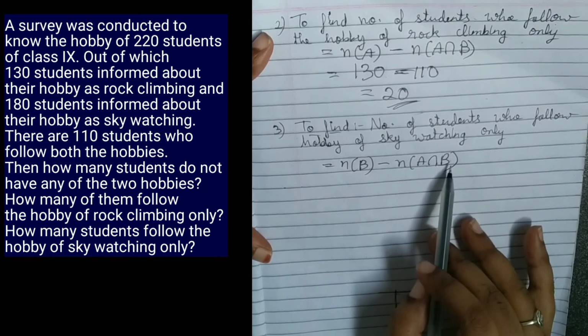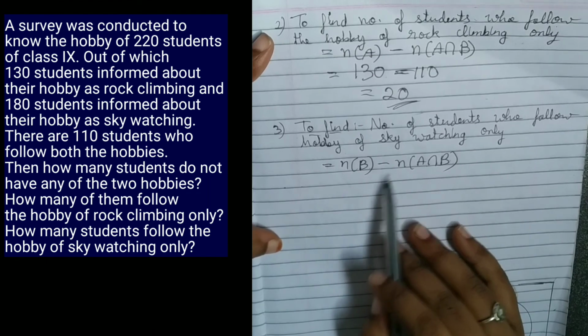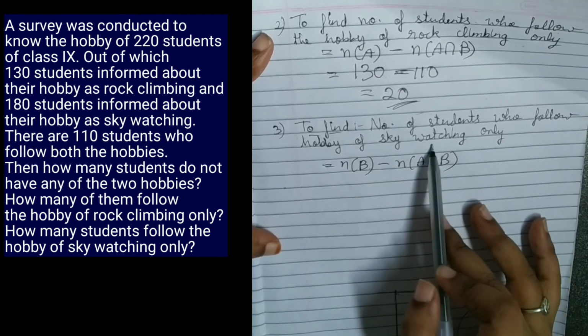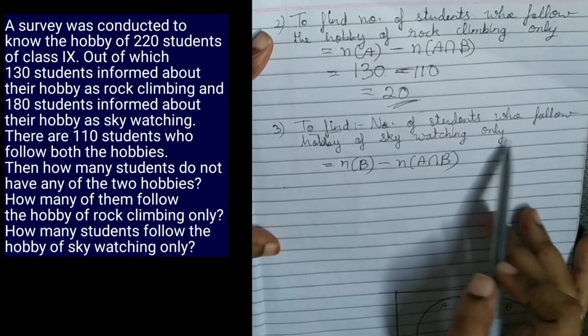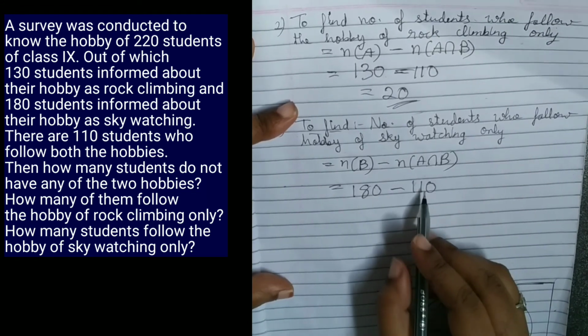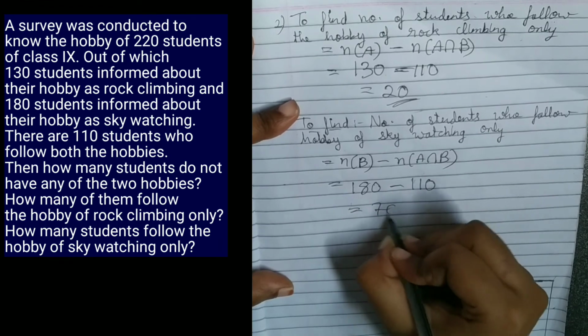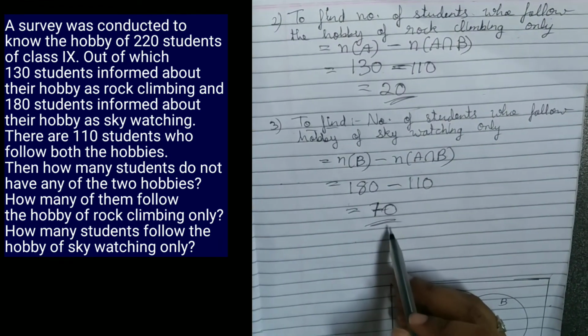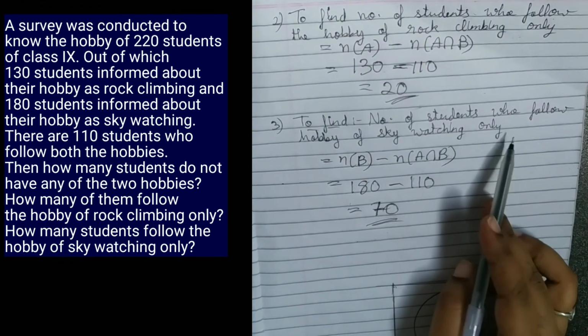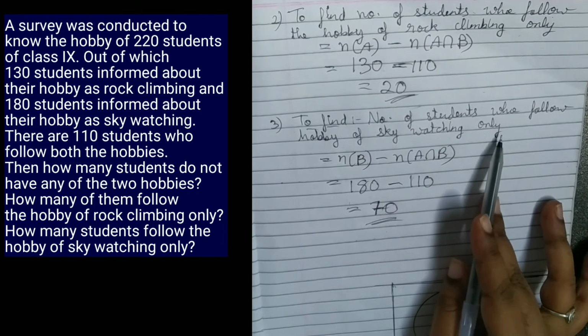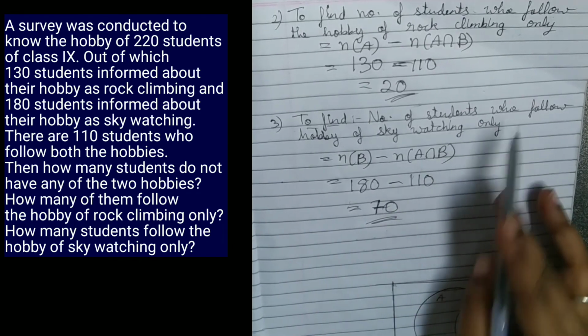If we subtract this from this, we will get the number of students who have the hobby of sky watching only. So 180 minus 110 equal to 70. 70 students have the hobby of only sky watching. They do not have any other hobby.